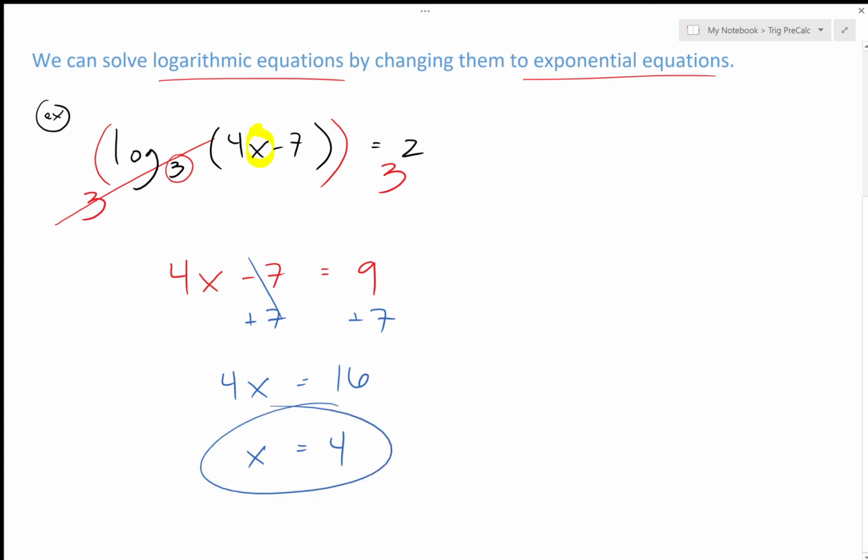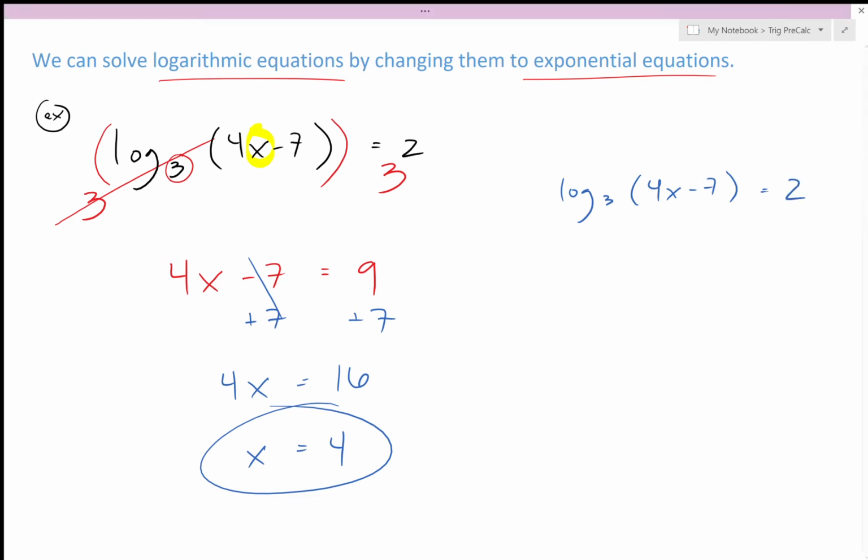And there's our answer. Now, another way you might have seen it, and I'll go through this real quickly, if we had log base 3 of 4x minus 7 equals 2, is down and diagonal. I always have trouble with that.